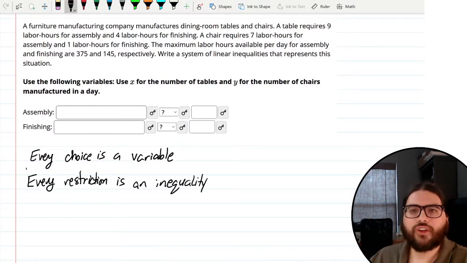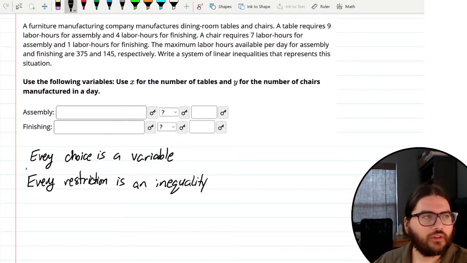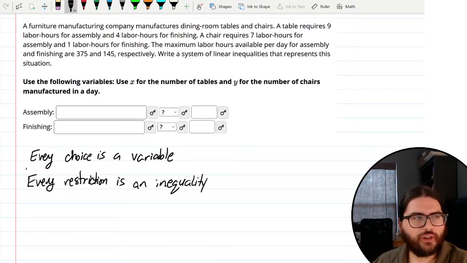So let's take a look at the different pieces of information that we have here. So I know I've got dining room tables and I've got chairs. I've got labor hours for assembly and labor hours for finishing. I've got maximum number of labor hours. That looks like a restriction to me.